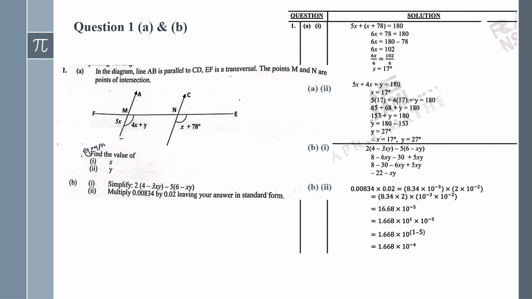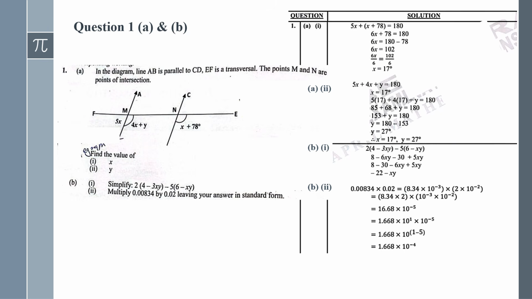So in order to find the value of x, you can simply say that 5x and x plus 78 are co-interior angles, and co-interior angles sum up to 180 degrees. So we have the angles 5x plus x plus 78 all equal to 180 degrees.